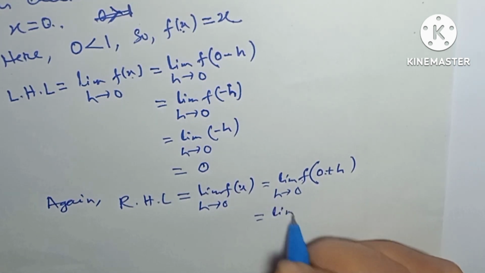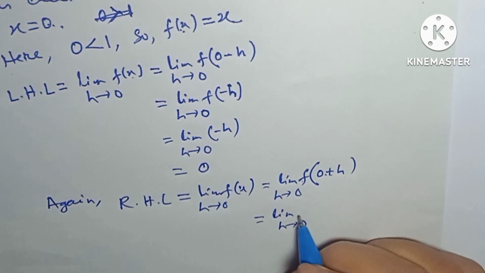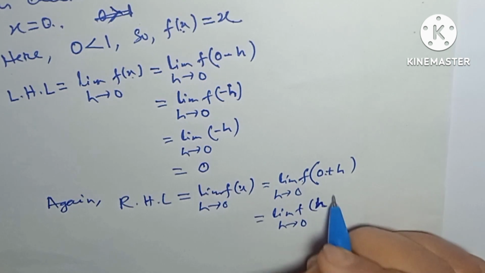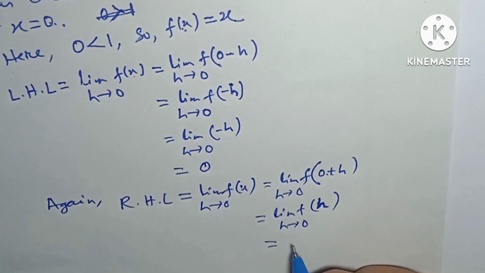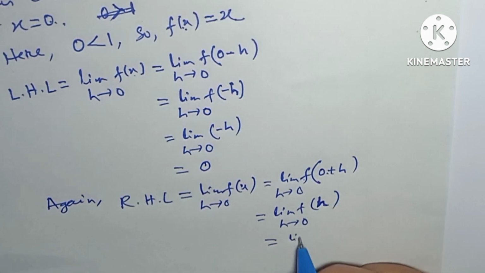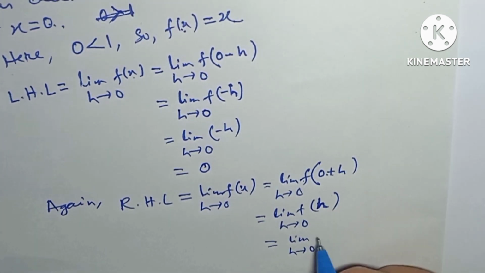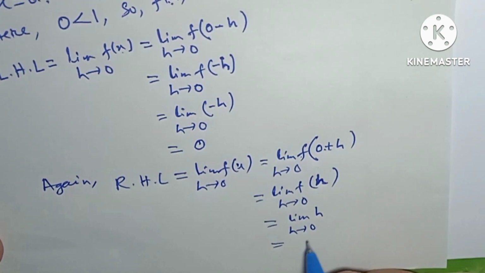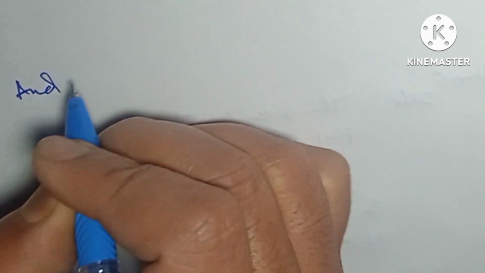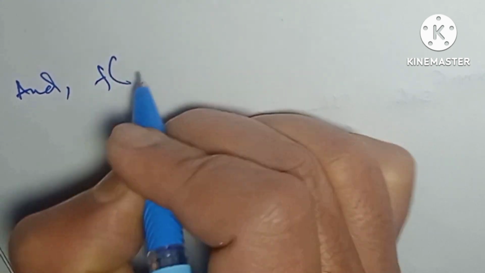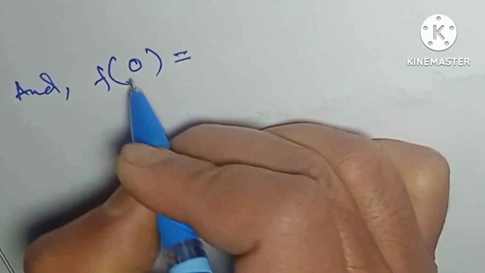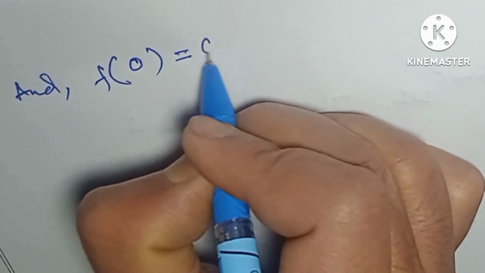So limit h tends to 0 of h. Then let us put the value h equal to 0. Then we get 0. And f of 0: f of x equal to x, so f of 0 is 0.